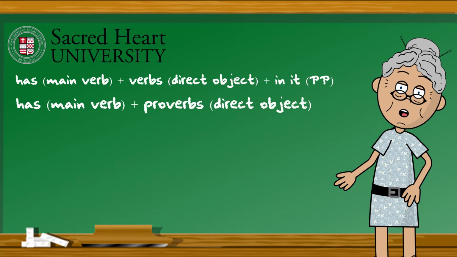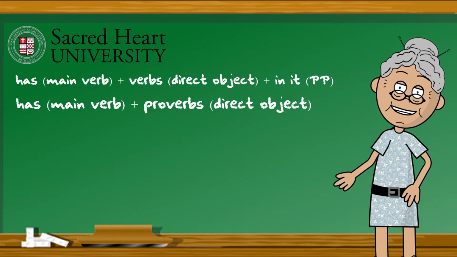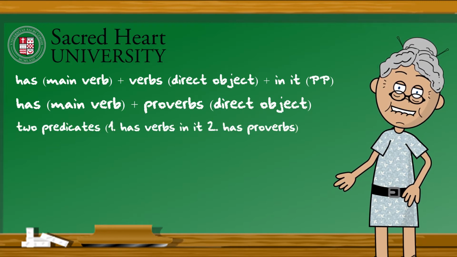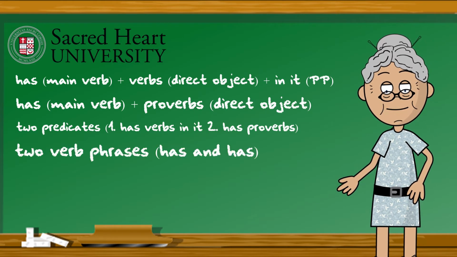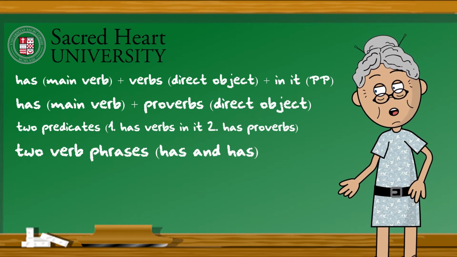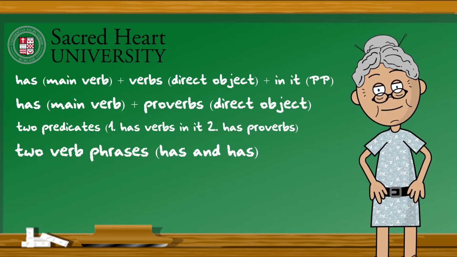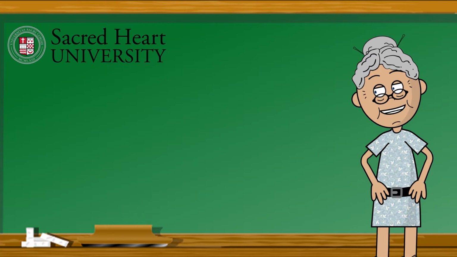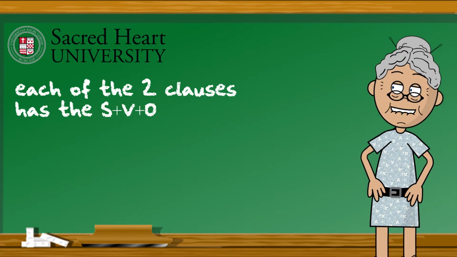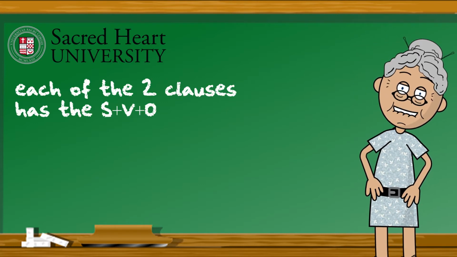So this sentence has two predicates, has verbs in it, and has proverbs, and two verb phrases. Both of the main verbs start with has. It's a complex sentence. Each of the two clauses has a subject plus a verb plus an object, the components of a sentence. But when we put them together into a larger sentence, we call each of them a clause.